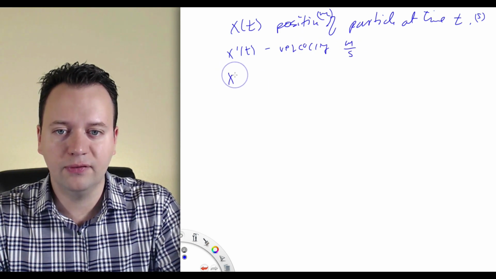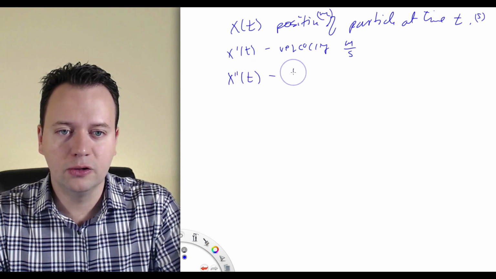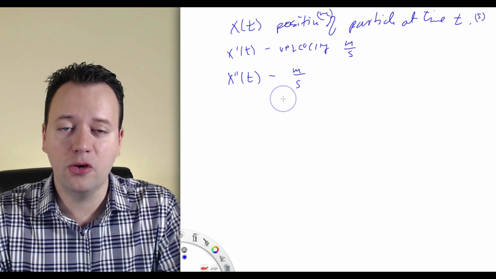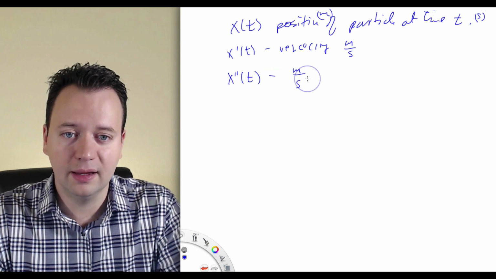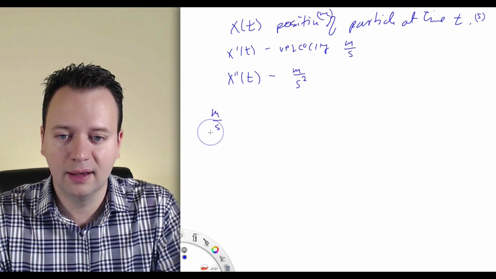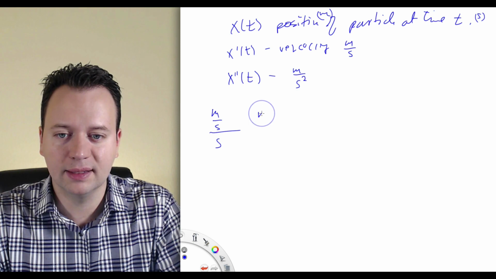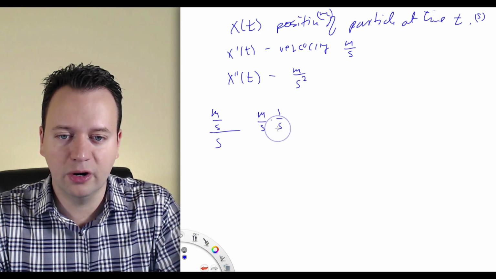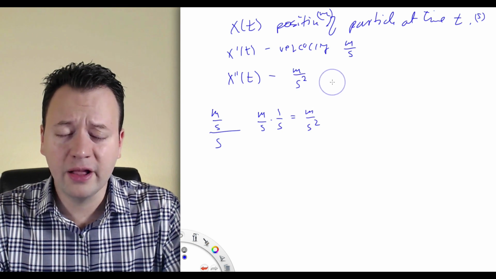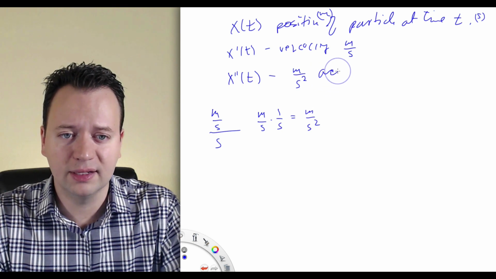The units of x double prime of t should be the units of the derivative divided by the units of the independent variable t. So it's meters per second, and we divide all that by seconds. It's meters per second times 1 over second. We say meters per second squared. And so the second derivative is what we call the acceleration.